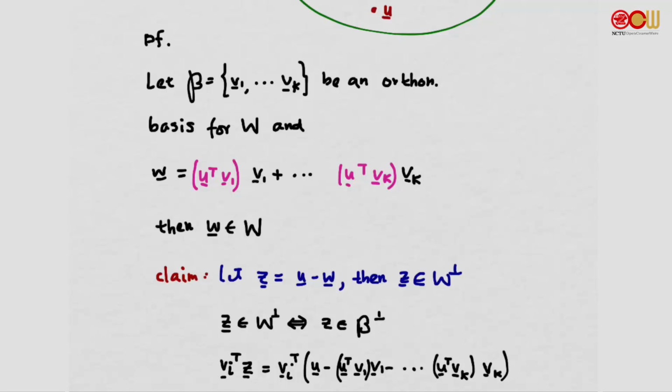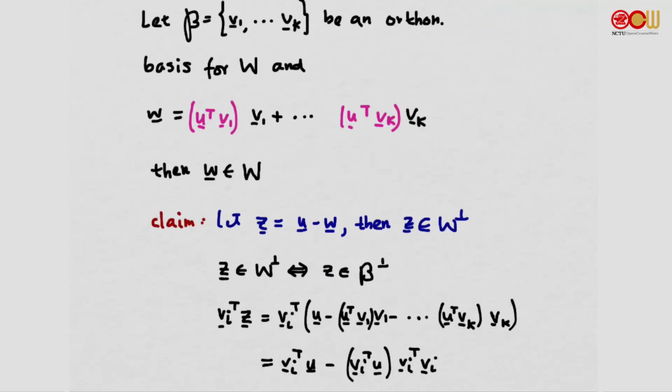We substitute in the expression of z equal to u minus w, and here's w, so we put in the expression of w here. And these vi vectors are orthonormal, so the product of vi and all these terms, v1 to vk, will be 0 except for the vi term.